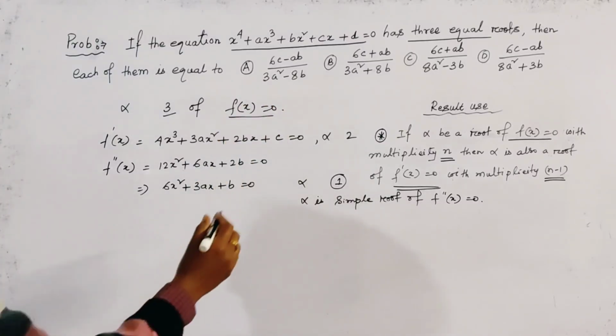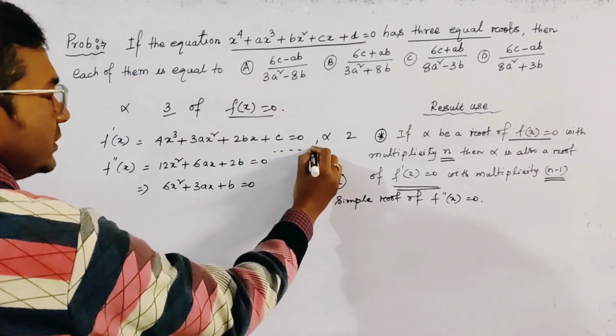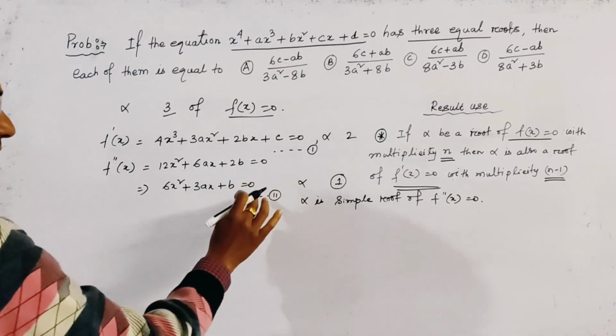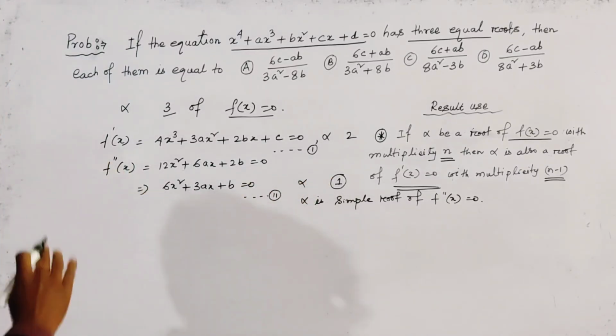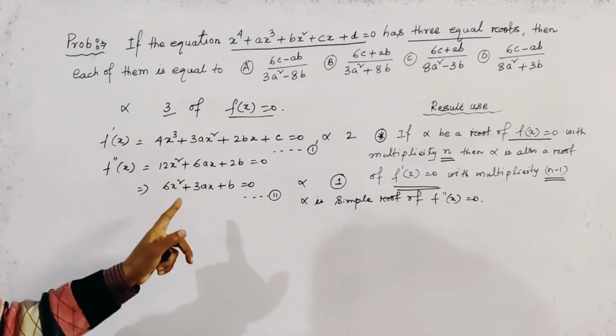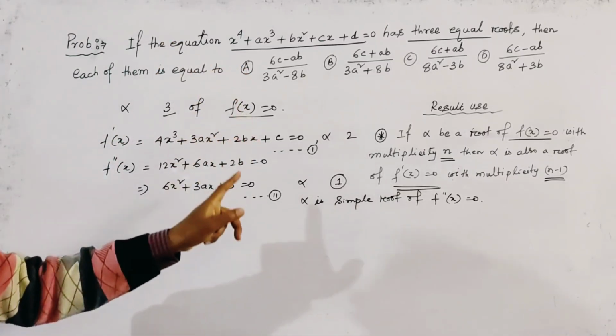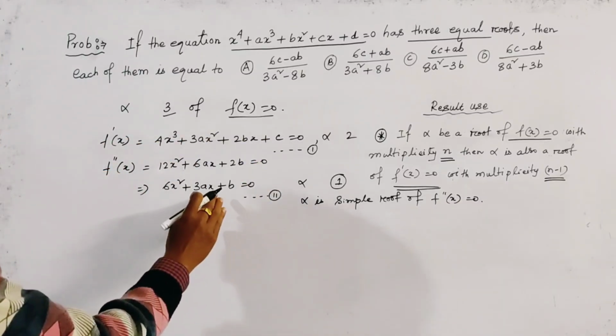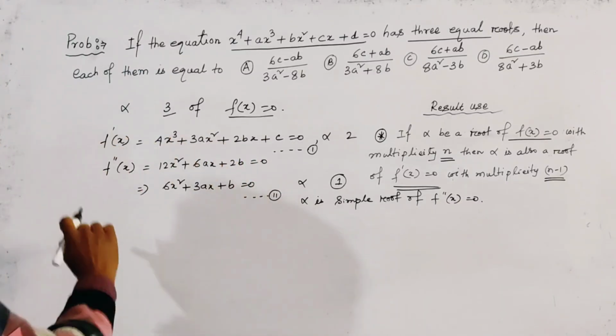Now we try to solve these two equations, let them be 1 and 2, for x. If we find the value of x, then x must be the value of alpha.